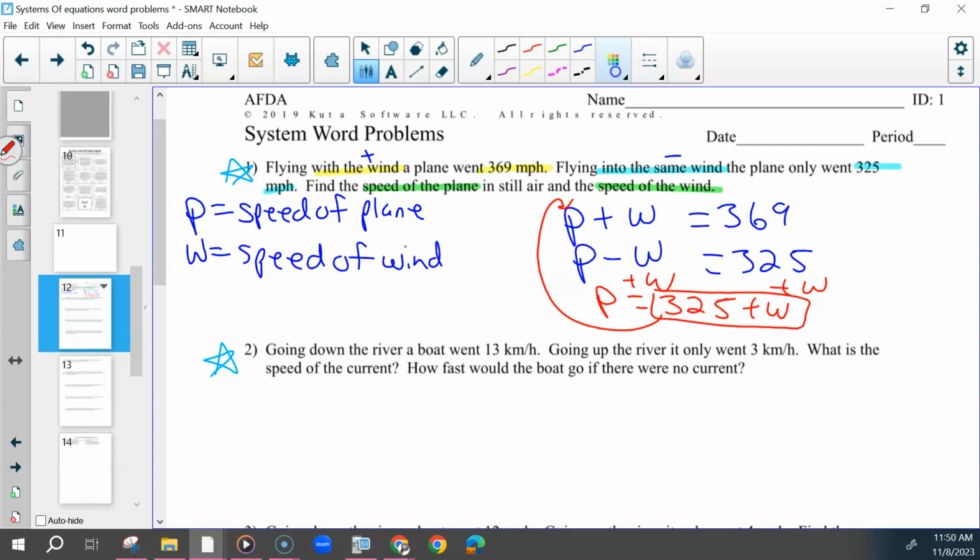If you're running out of space or need more space, grab extra paper. So this would be 325 plus w plus the w that was already there equals 369. And solve. We have 325 plus 2w.